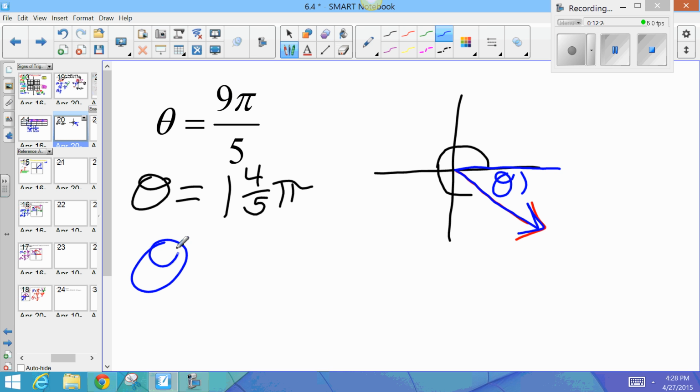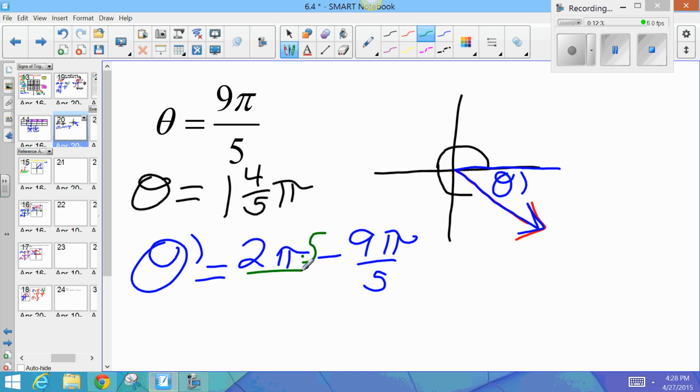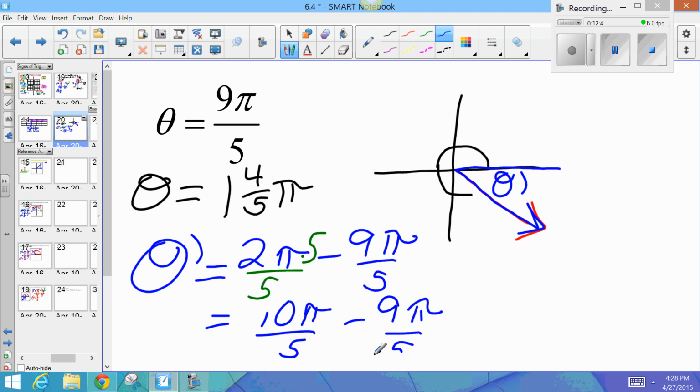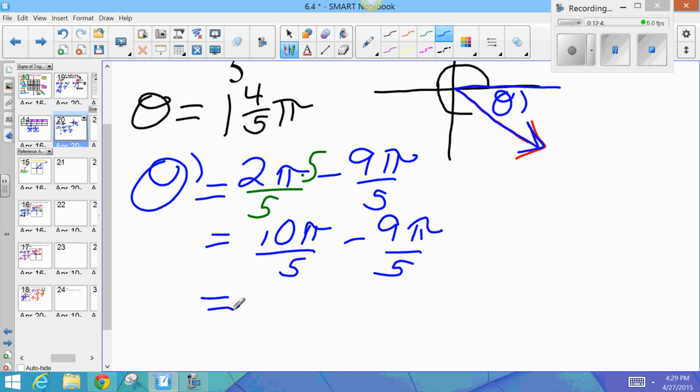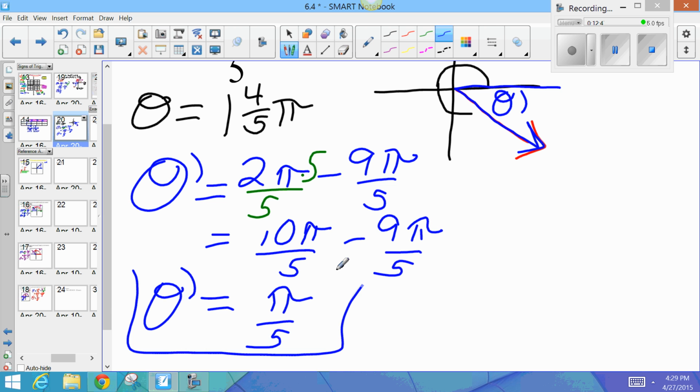So theta prime equals 2 pi, subtract 9 pi over 5. Common denominator, I'm going to multiply top and bottom by 5. So I have 10 pi over 5, subtract 9 pi over 5. This is pi over 5. So theta prime is pi over 5.